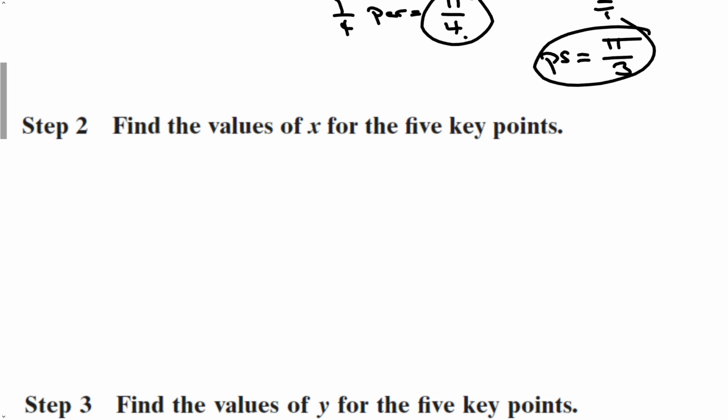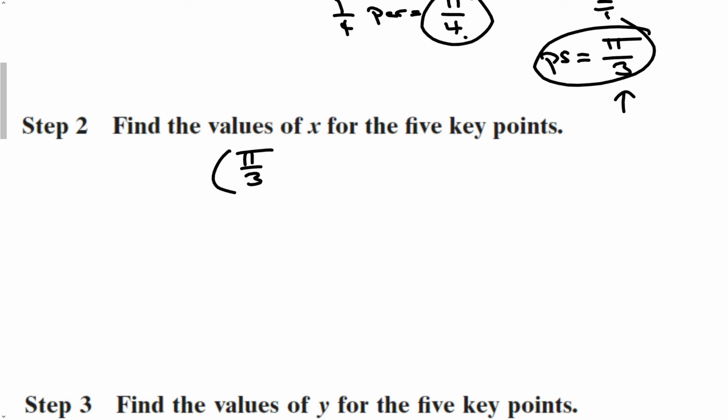And now we're going to do x and y almost together. The sine function, instead of just starting at 0, will always start at the phase shift. Every time we have a function, we're going to start it at the phase shift.